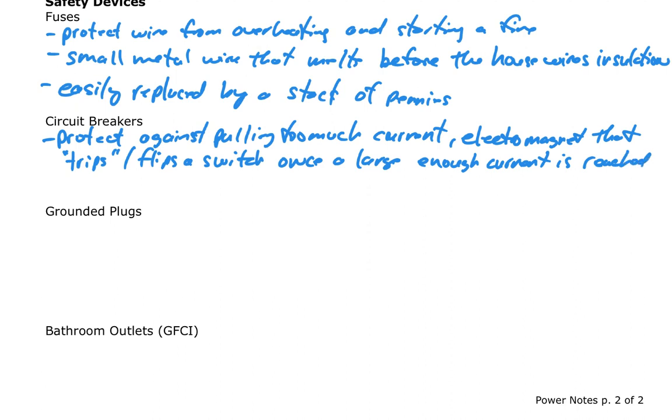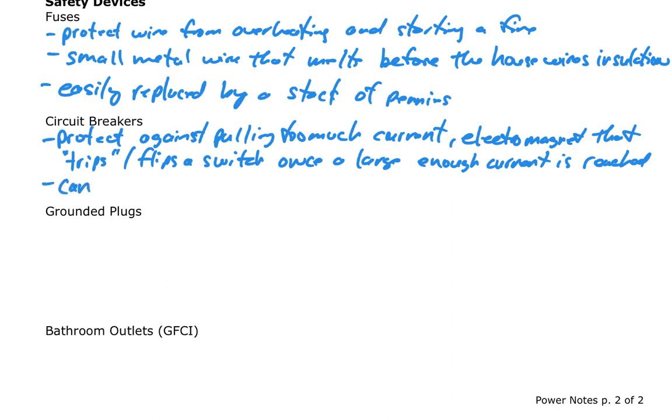Okay, so very similar to a fuse, circuit breakers have different ratings, 5 amps, 10 amps, 20 amps. And once that current is reached, the circuit breaker will trip. And what that means is that a switch in the circuit breaker will open so that current can no longer flow. So let's put that in our notes.